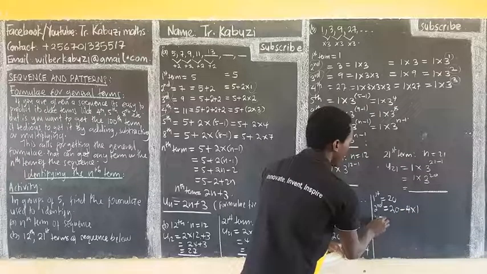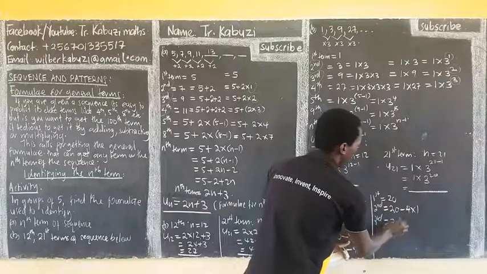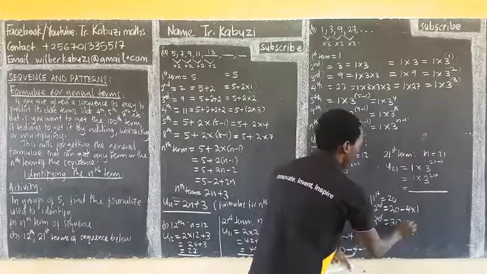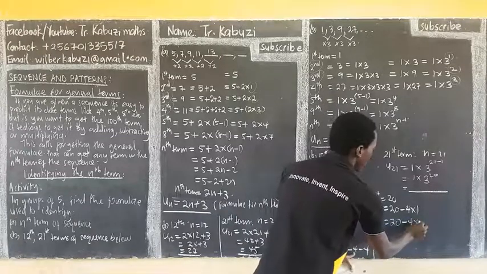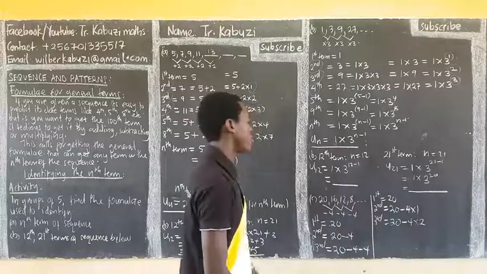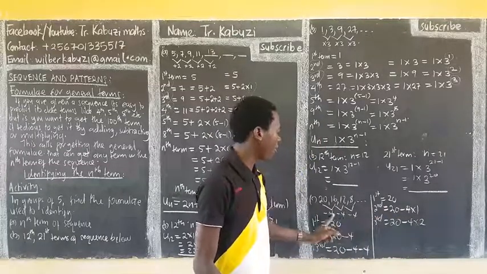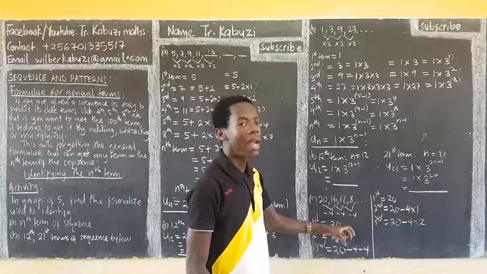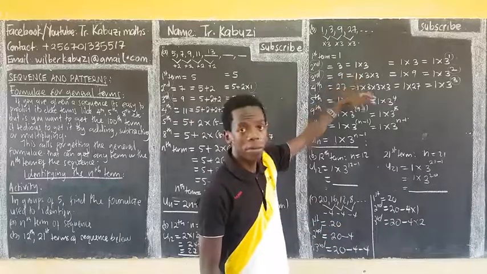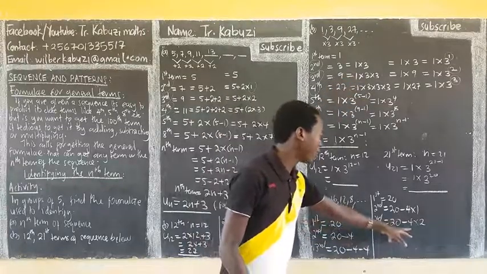So our third term is going to be 20 minus 4 times 2. I think now you see the trend. 4 is what has been common. Whenever we are adding or subtracting, we add; whenever we are multiplying, we also multiply. So I think you can see the trend.